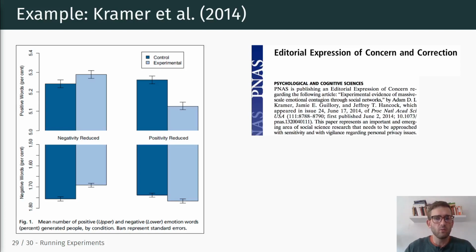So one possible improvement could have been to not just remove posts, but rather boost posts and make them more visible rather than completely removing other posts, right? That would be a less harmful treatment, because it would not have implied making some information unavailable for people in their newsfeed.